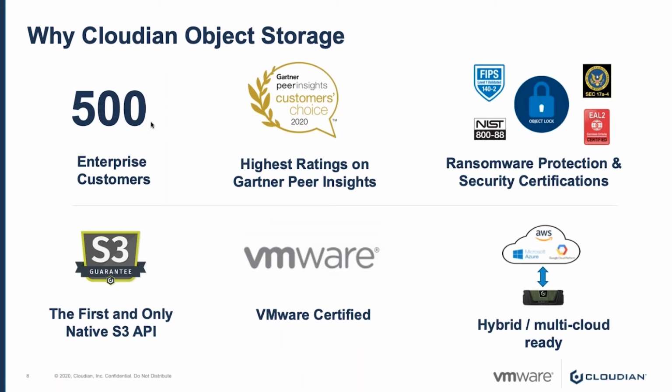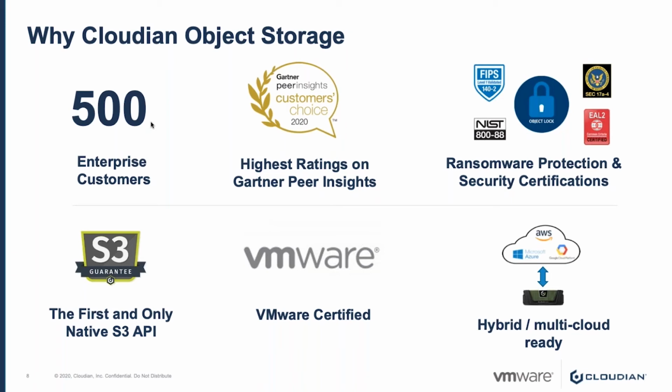We are by far the first and the only native implementation of S3 APIs. And why is that very important? Because when you are building an ecosystem of applications that leverage S3 APIs, you want to make sure that the compatibility is there.